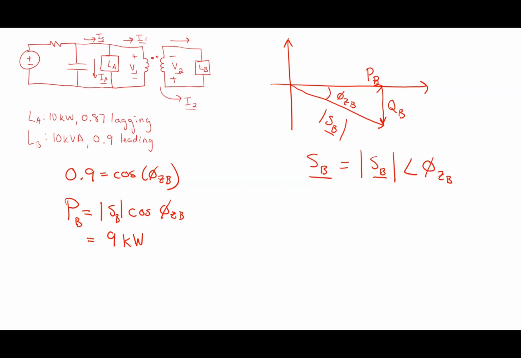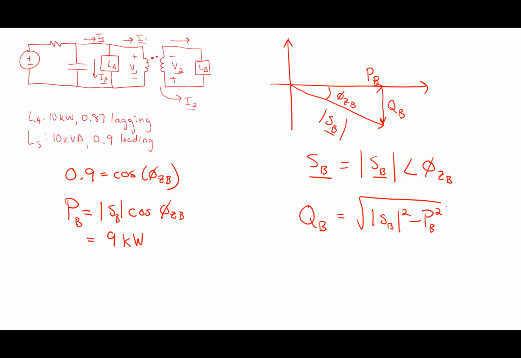So how do we do Q? How would I get Q? Pythagorean theorem, or I could do the sine, but I'll do the Pythagorean theorem, which would be the square root of the magnitude of S squared minus P squared.